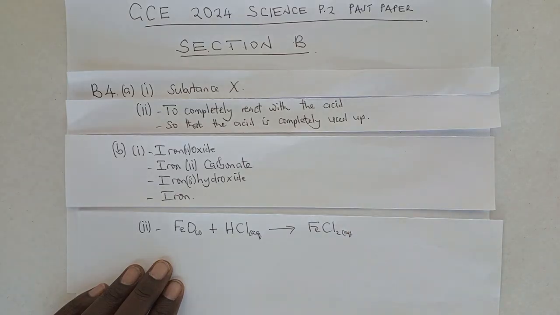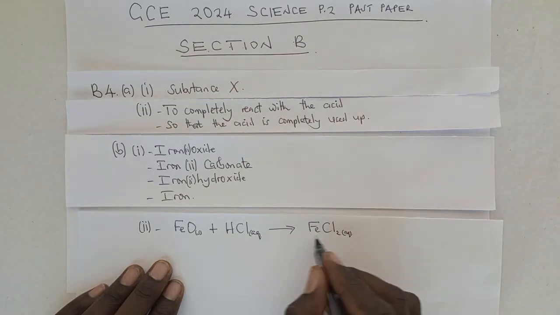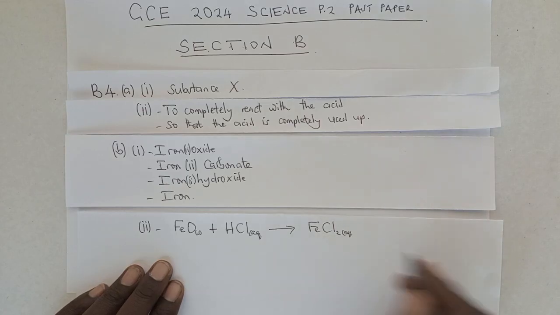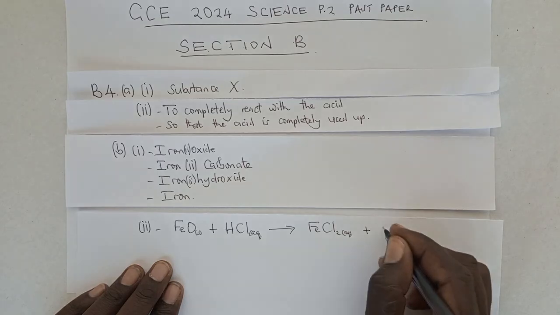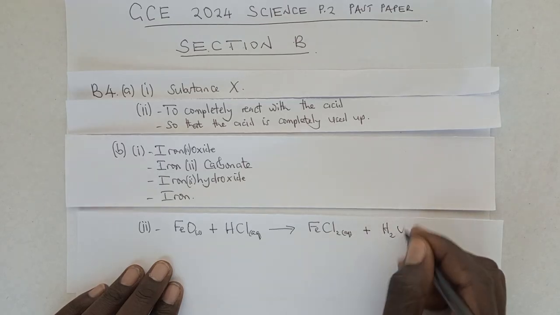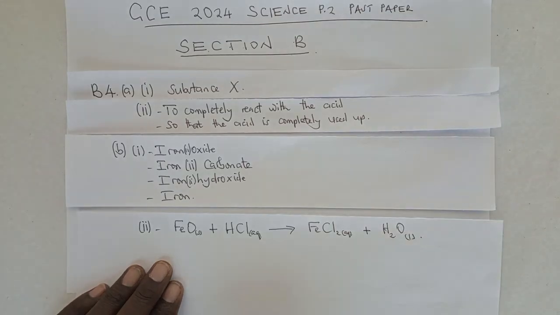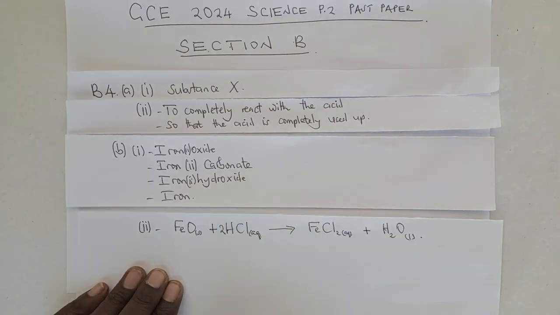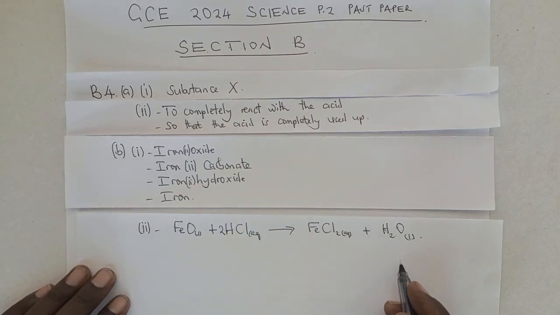Remember, chlorides that are solids, it's only lead chloride and silver chloride, plus water, which is a liquid. So is the equation balanced? No, we have 2 chloride here, so we'll put a 2 here so that the equation is balanced.